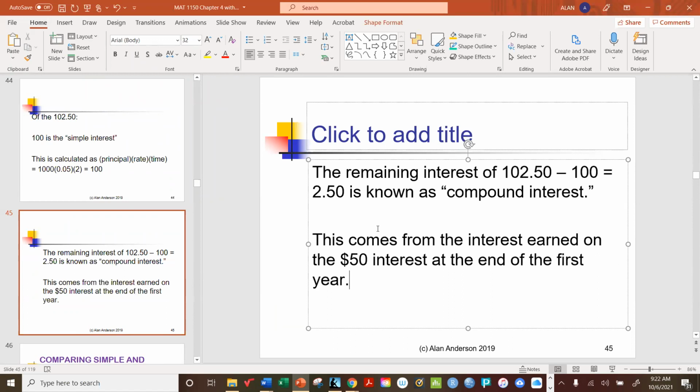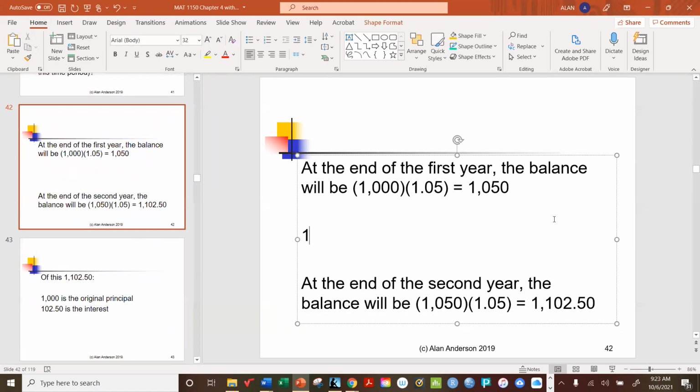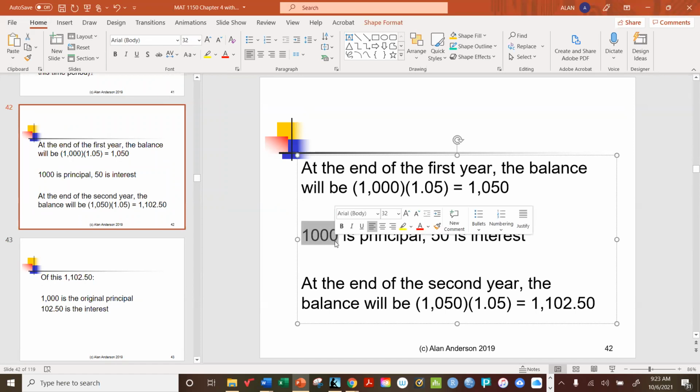All right, so in other words, if you remember, at the end of year 1, we had $1,050 in our account, of which 1,000 is principal and the rest is interest. In fact, why don't I make a note of that here? So then at the end of the second year, you're getting paid interest on both this original principal plus this $50. So that's the part that generates the so-called compound interest.